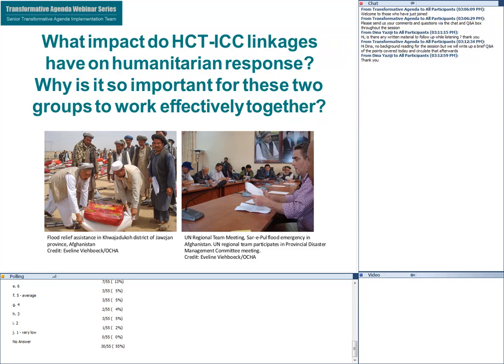When this connection is strongly established, then you have a humanitarian coordinator who is really in the driving seat, fully empowered, and able to speak on behalf of the wider humanitarian community to the benefit of affected communities altogether.